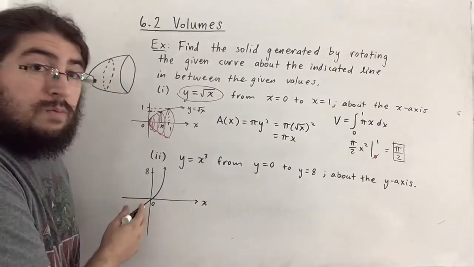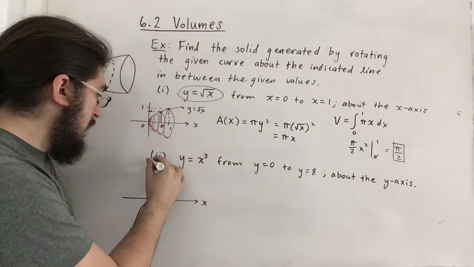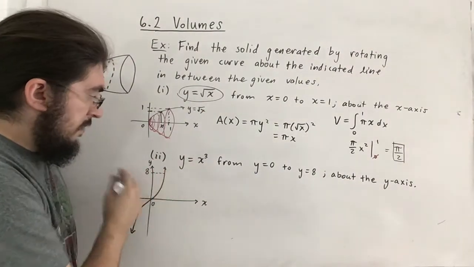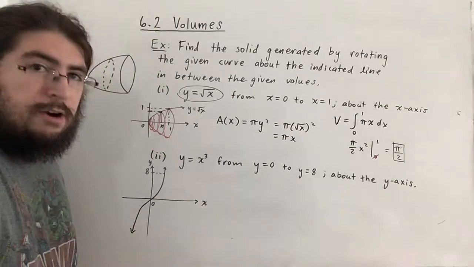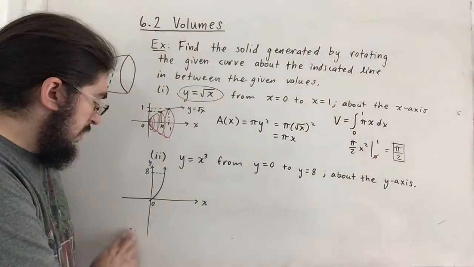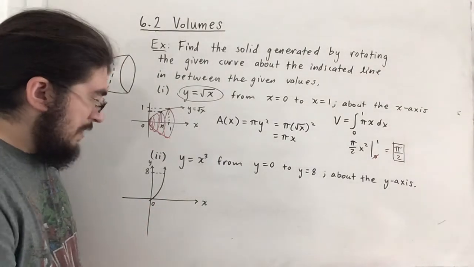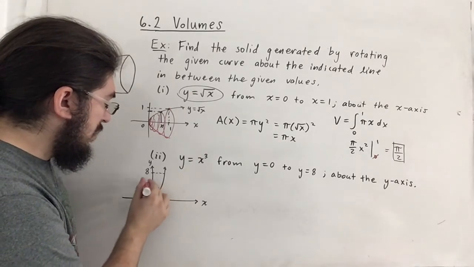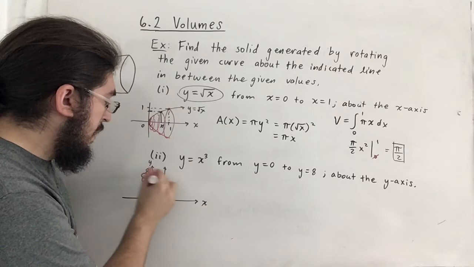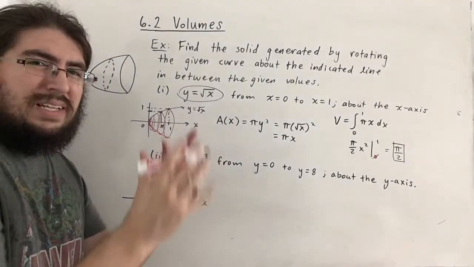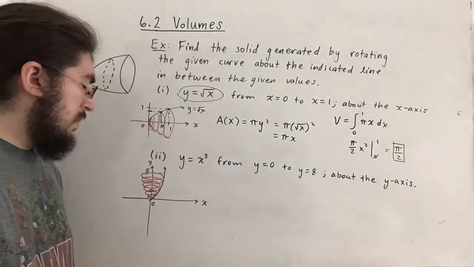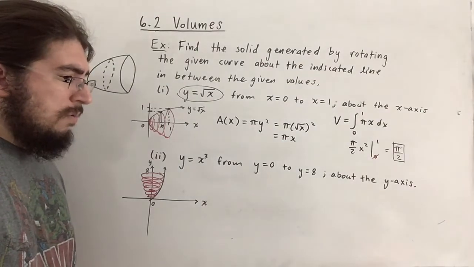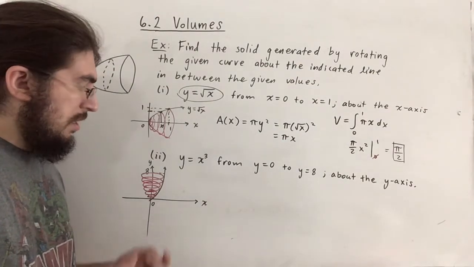So from y equals 0 to y equals 8 is where we're cutting off the rotation. So we don't really care about this part below. You can erase that if you like. So if you rotate this about the y-axis, you get this shape, which is also kind of like a bullet shape. But it's a lot taller, so it's more like a round vase kind of shape. Or maybe like one of those conga drums.